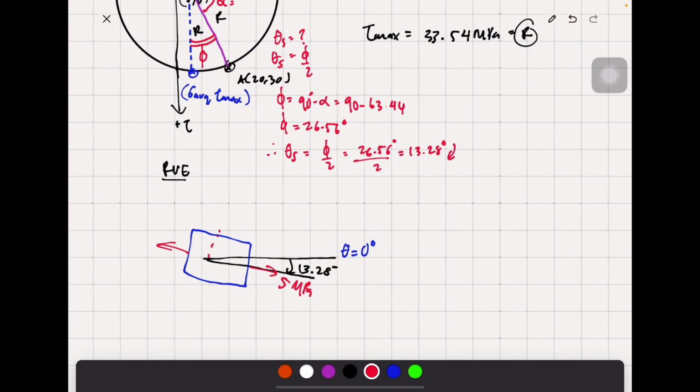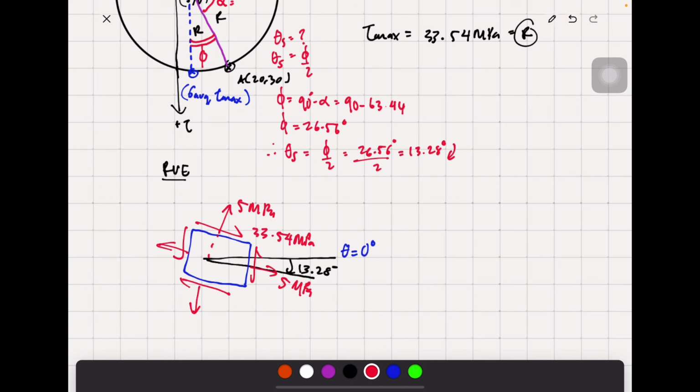Similarly to this direction, also 5 megapascal. And our shear stress, the maximum tau max, is 33.54 megapascal over here. And by having that, this is our RVE for the plane stress element in the maximum in-plane shear stress state.